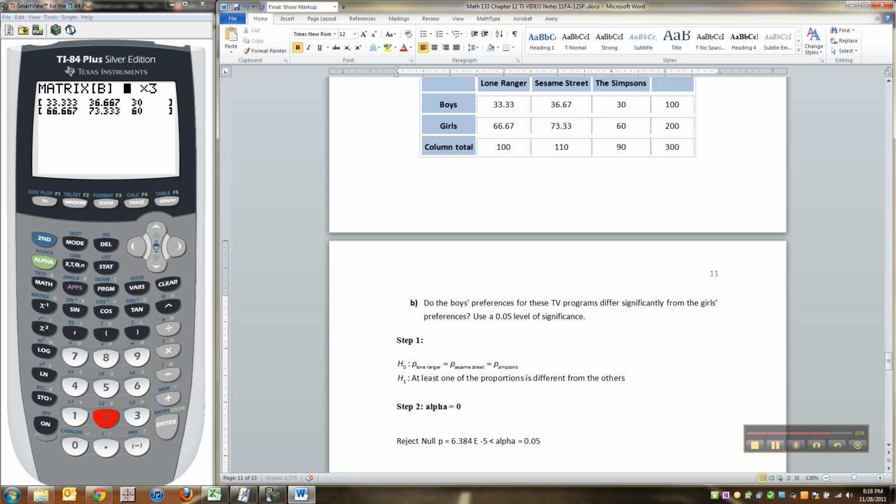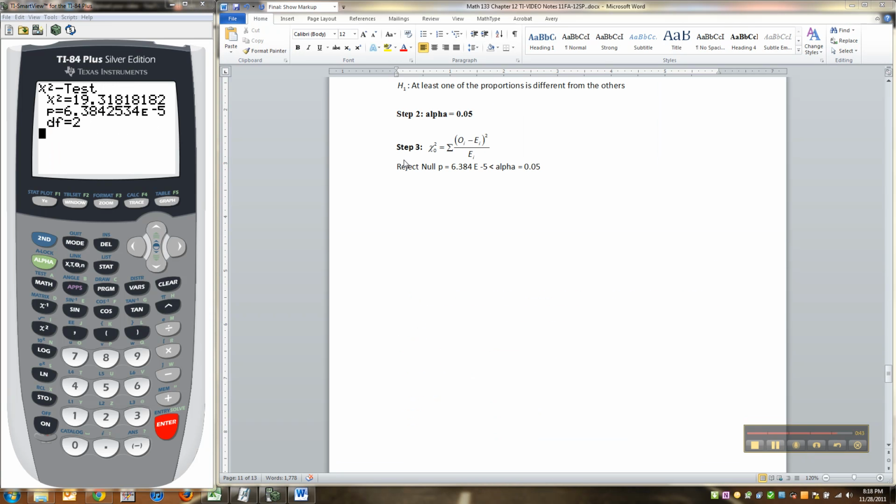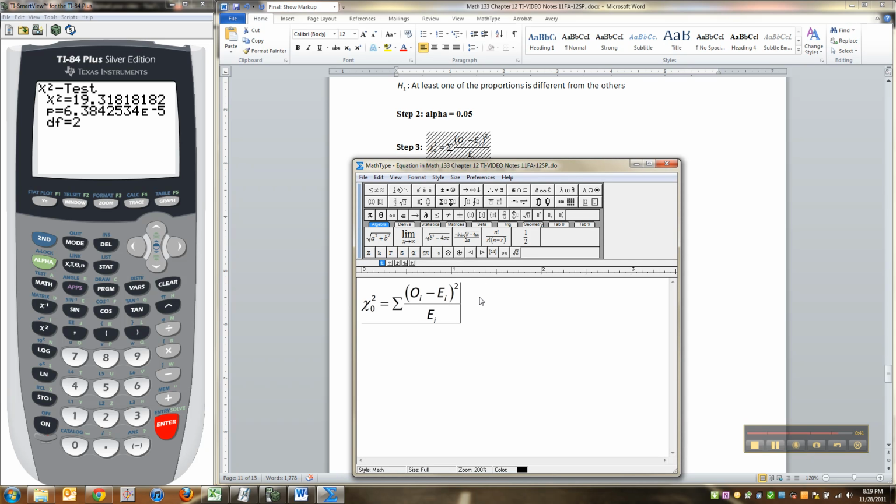Step 3, you need a chi-square statistic, but we got that when we ran the test. Let me run it again, hold on. Okay, so that chi-square statistic is 19.318.